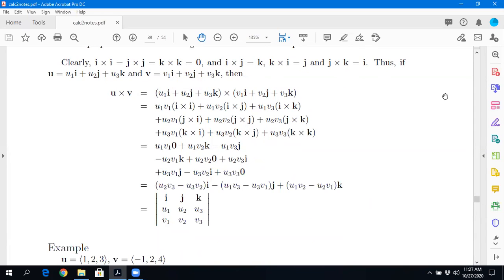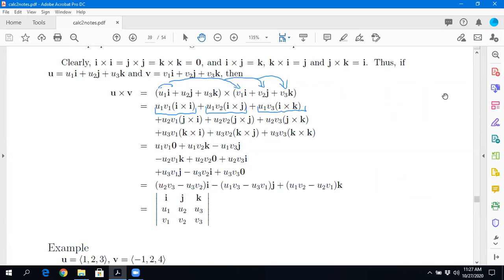For instance, if I distribute u1i to here, to there, and to there, I get u1 v1 I cross I, and I get u1 v2 I cross J, and I get u1 v3 I cross K. I just distributed that first thing through there.